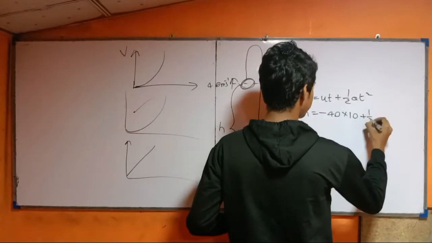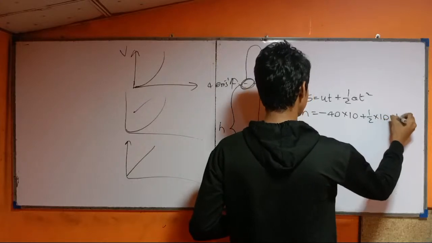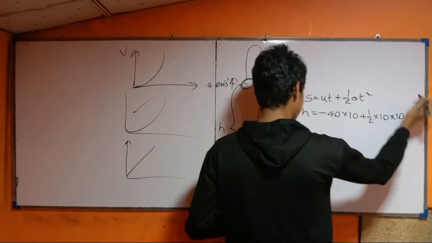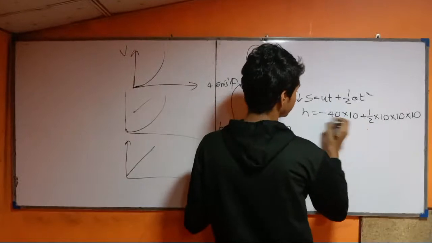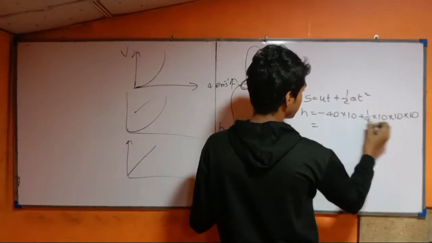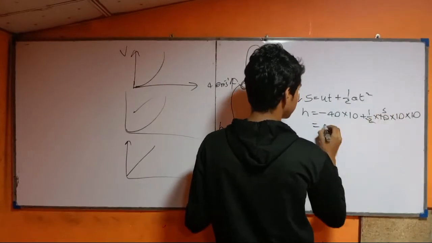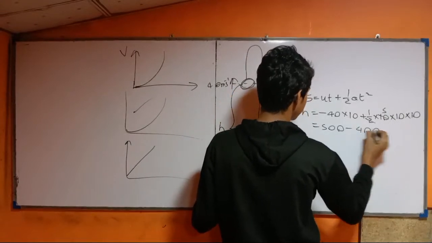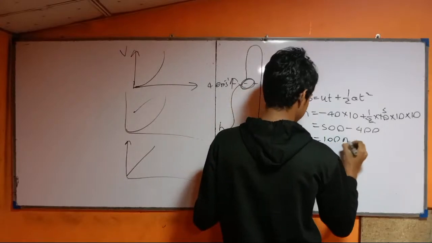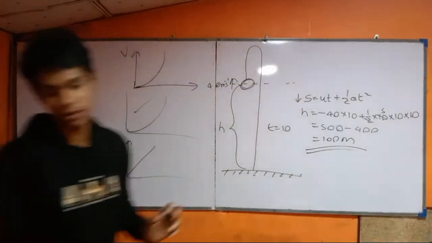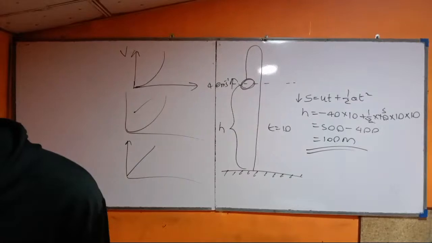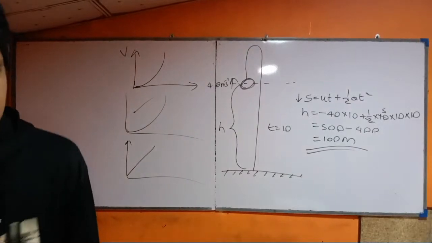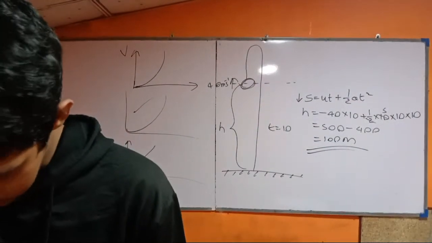Plus half into 10 into 10 squared. So that is 5 times 100, 500, minus 400. So 100 meters. 100 meters, answer number 2.